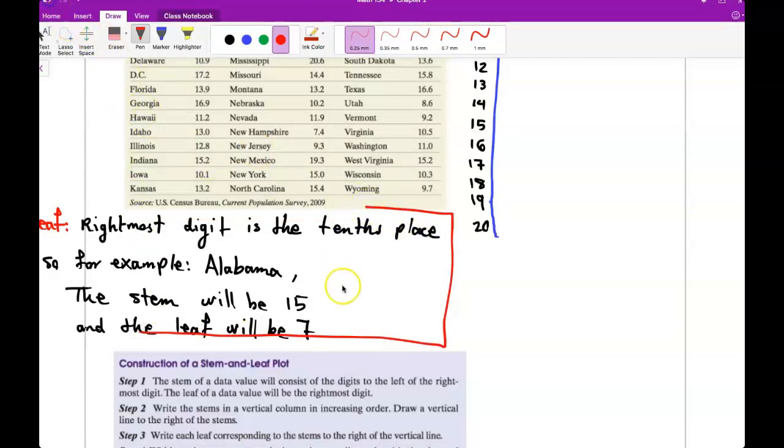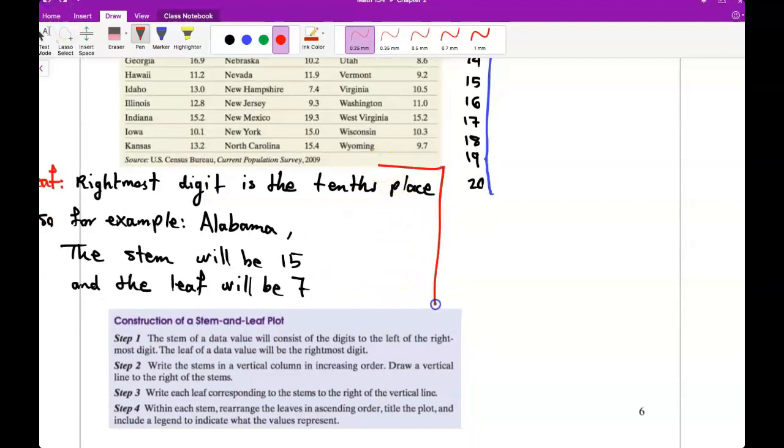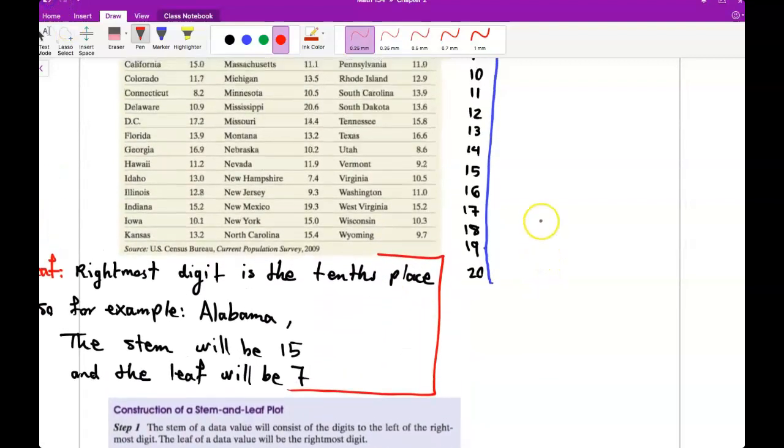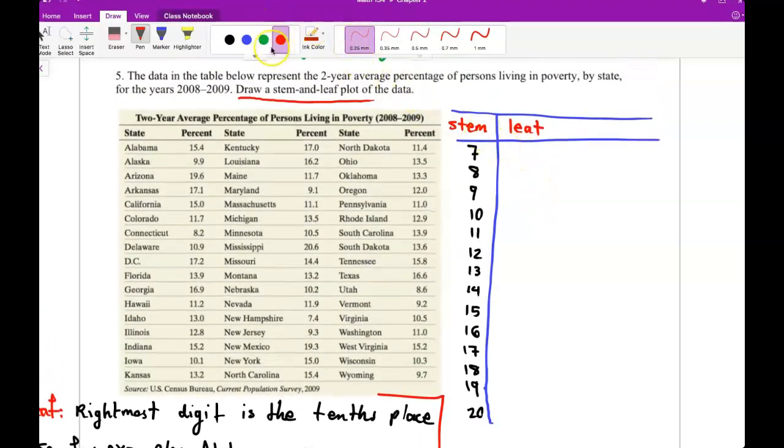Okay, now writing what we have here on the right. So this one is 7. We should find how many 7s we have here. Okay, here is 1. So that's the only one we have, and the rightmost digit is 4.